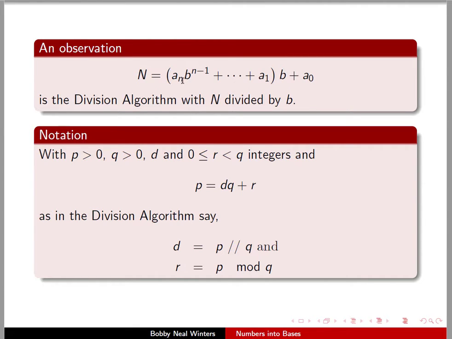Every other term has a common factor of b, so we can factor that b out, and so we have this number here, okay, times b plus a sub 0. Now, this is just a form of the division algorithm where n is divided by b.